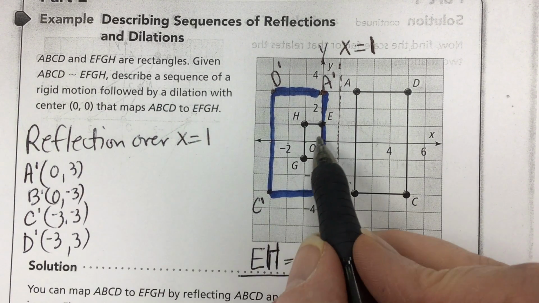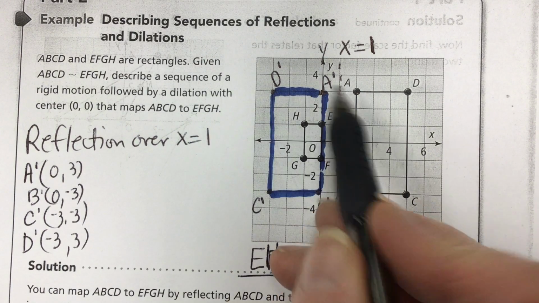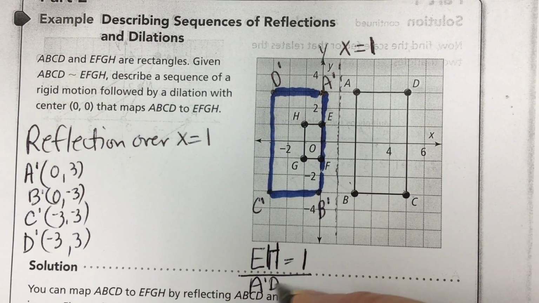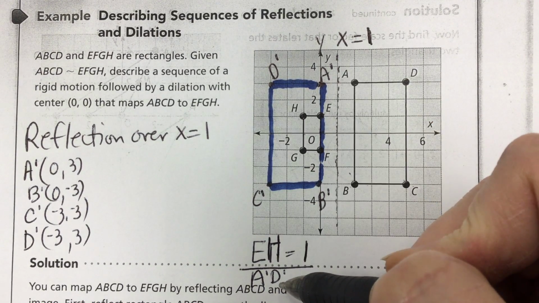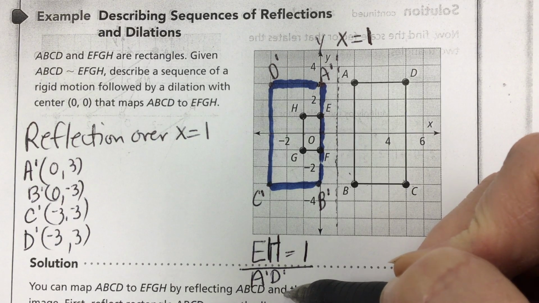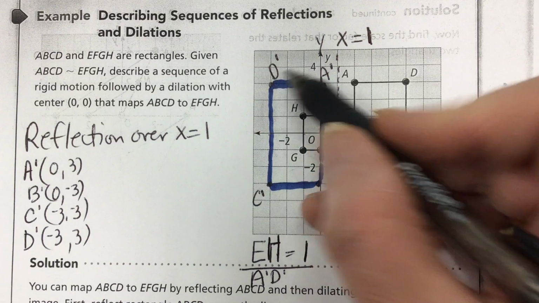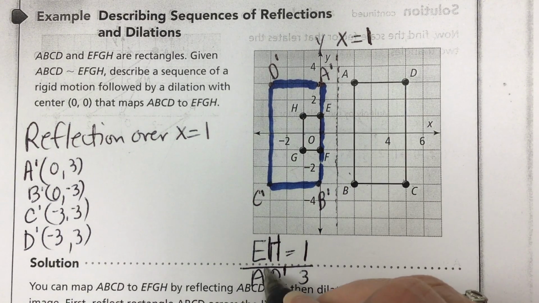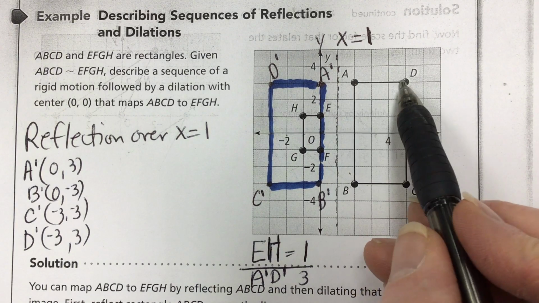What is the distance from A prime to D prime? Now remember, the original size always goes on the bottom when you're determining your scale factor. So A prime to D prime would be 3. I could have counted A to D, 1, 2, 3.